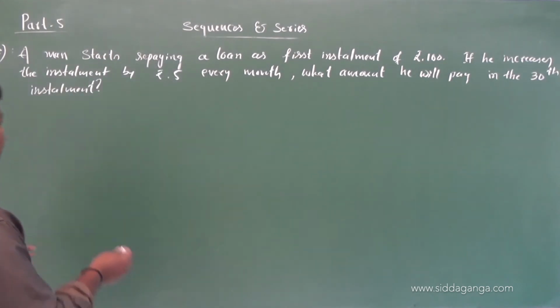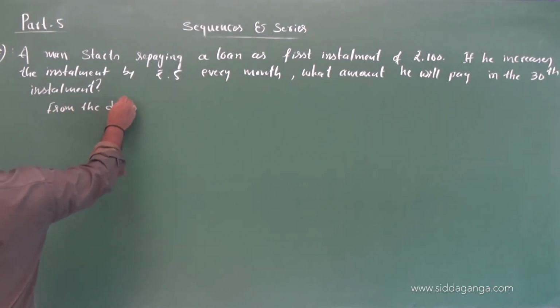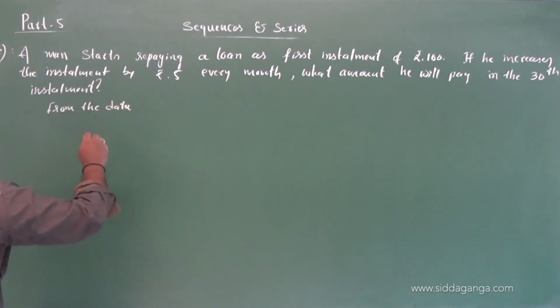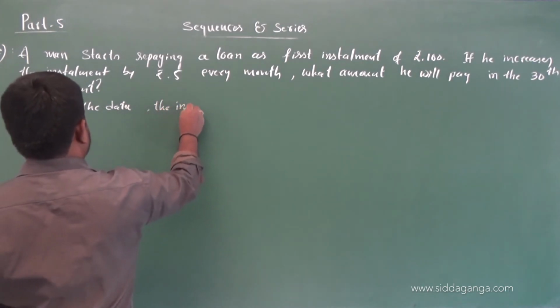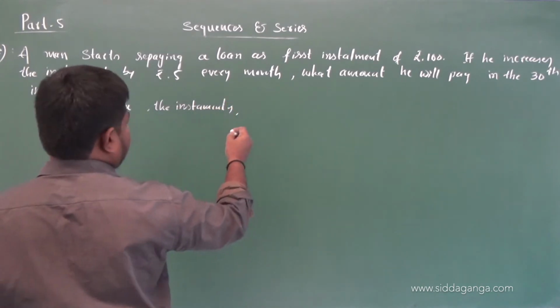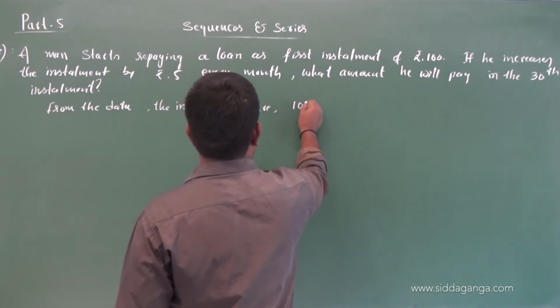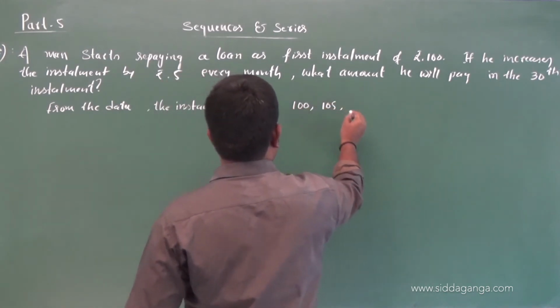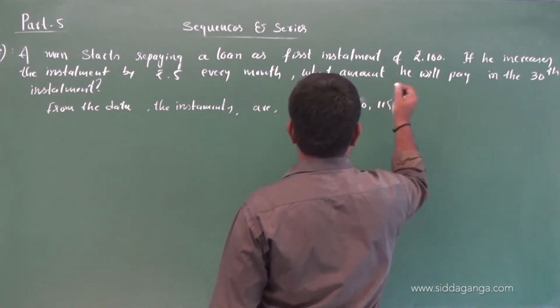So, from the data, the installments are what? First installment is 100, next is 105, next is 110, next is 115 and so on.